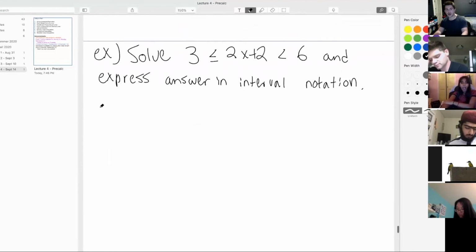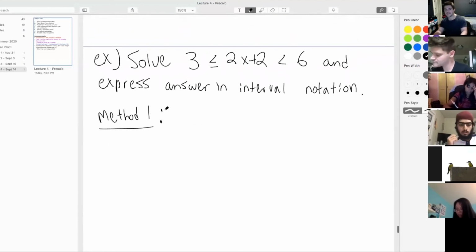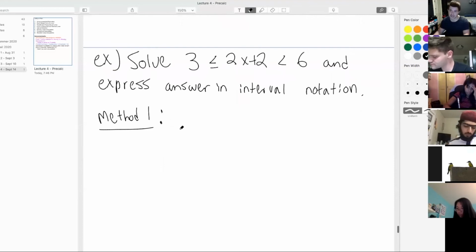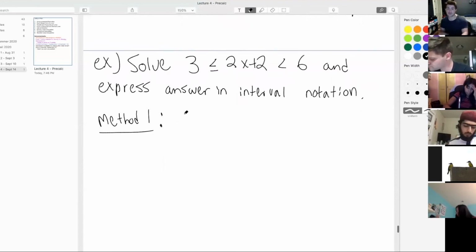Okay, so method 1 was to separate this into two separate inequalities and solve them separately.